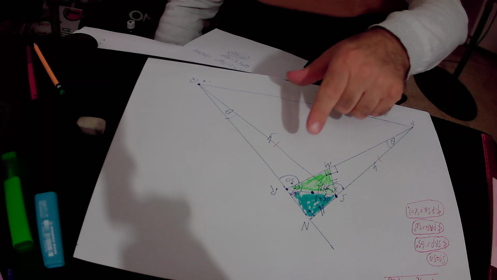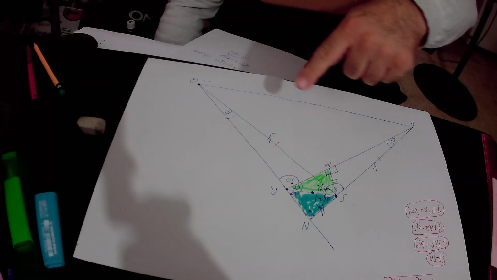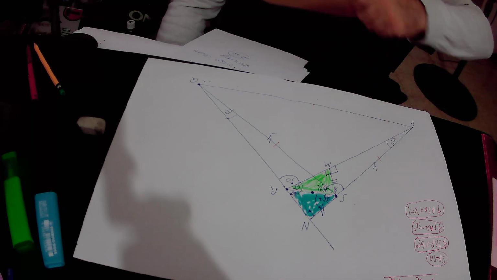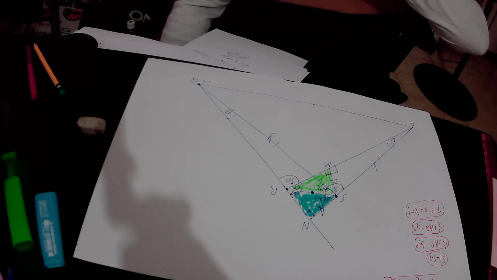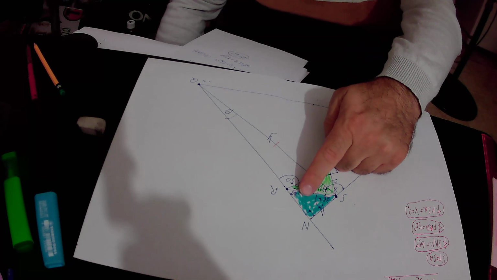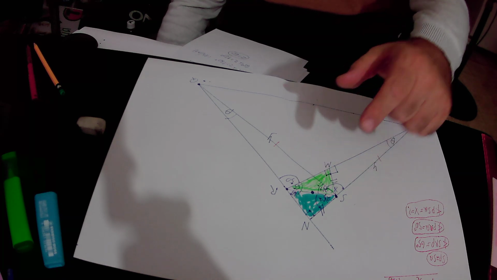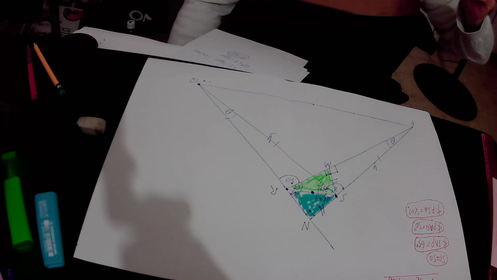Then we extended the straight line QR by a straight line, so QN will still be a straight line, and we calculated the size of this angle according to the rule that the sum of the angles on one side of a straight line is equal to 180 degrees.